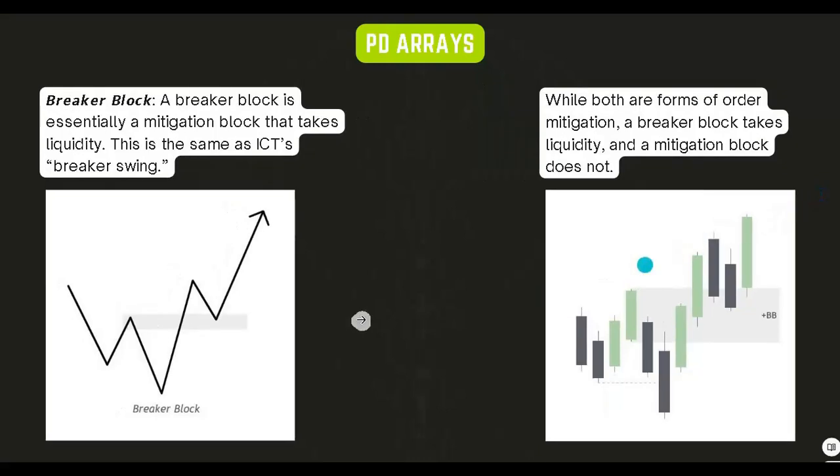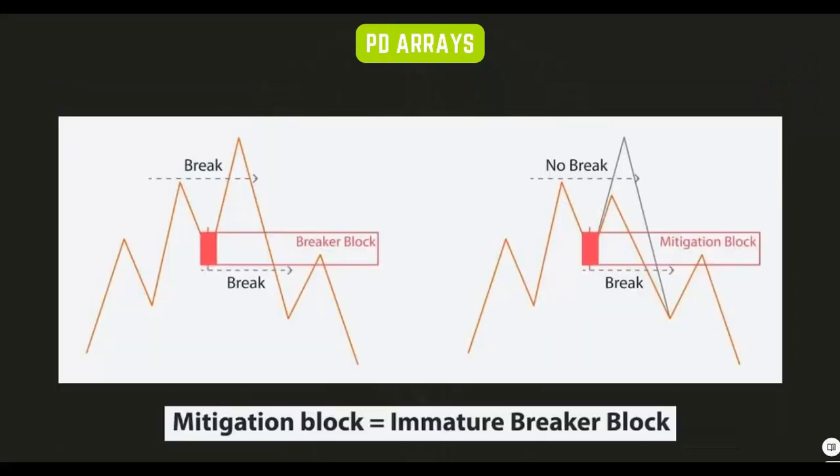But on a breaker block, the lowest low took out a previous low. Breaker blocks and mitigation blocks are both forms of order mitigation. A breaker block takes out liquidity and a mitigation block does not.